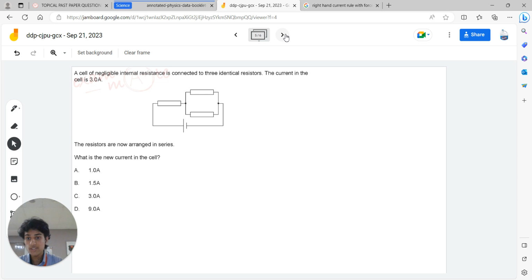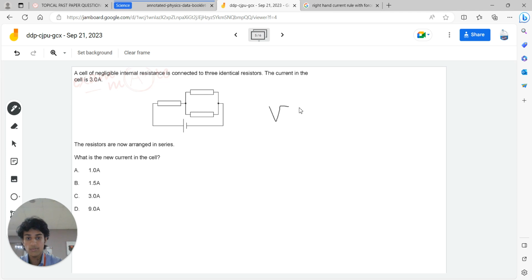Next. A cell of negligible internal resistance is connected to three identical resistors. The current of the cell is 3 amps. The resistors are now arranged in series. What is the new current of the cell? Okay, so we know that the total potential difference used up throughout the entire circuit will be constant in both cases, regardless of series or parallel.